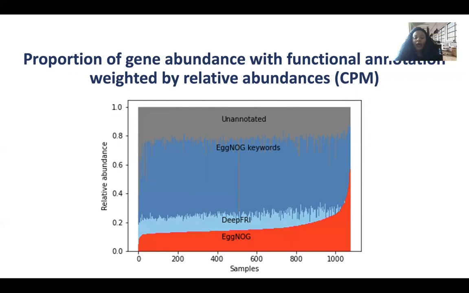On the y-axis, it's the relative abundances in copies per million. And from our results, we see that DeepFRI is able to increase the annotation coverage in comparison to eggNOG, which had an annotation coverage of less than 20%. And including other functional information coming from eggNOG free text description, we are able to increase the annotation coverage at metagenome level up to 80%.